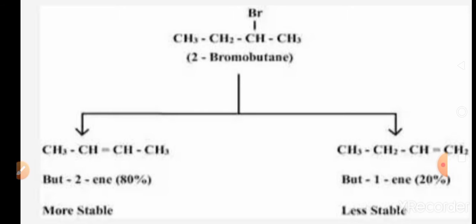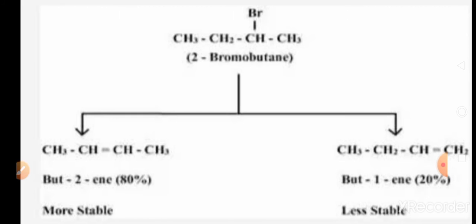One of the reactions is given here: 2-bromobutane, in which Br is bonded with the second carbon atom. This undergoes dehydrohalogenation, in which one hydrogen and the halogen are eliminated from adjacent carbon atoms to form two products.